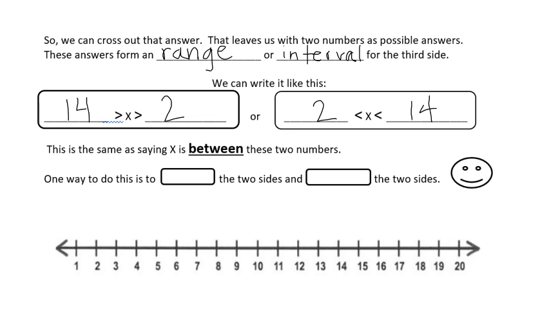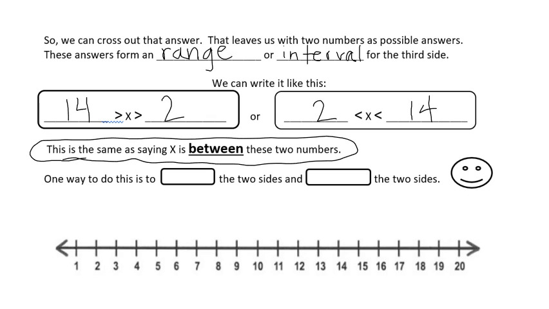Now, one of the ways that we can do this to understand between is to look at a number line. So I'm going to graph this inequality. 2 doesn't have an equal sign, so it has to be an open dot. And graph this 14.